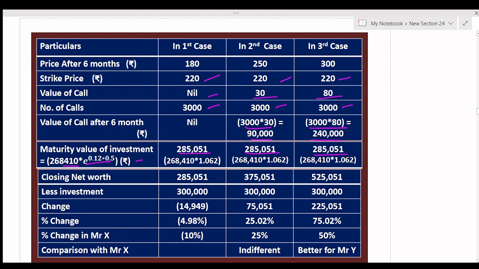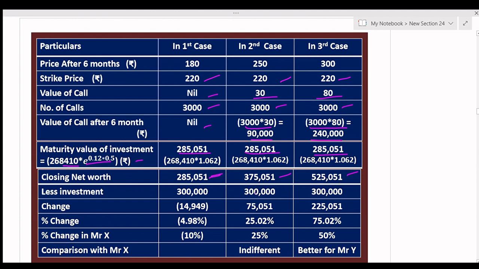So it will be added: 2,85,051 plus here it will be nil. So the closing net worth is equal to 2,85,051. Here it will be 90,000 plus 2,85,051 is equal to 3,75,051. And here it will be 5,25,051.